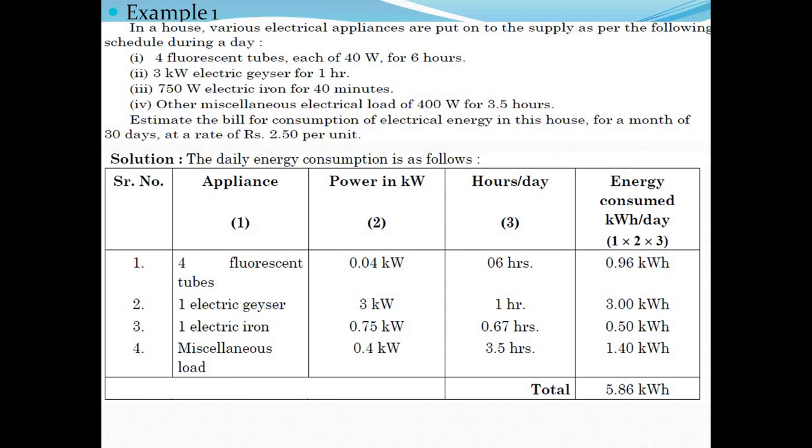Now what do we have to find out? We have to find out the total cost of electricity for a complete 1 month. Here the rate is given as 2.50 per unit. Per unit is equivalent to 1 kilowatt hour. It means for 1 kilowatt hour energy consumption, the cost is 2.50 rupees.